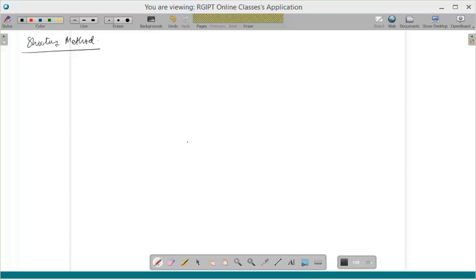Now in the shooting method, what we try to do is capitalize on, or exploit, our highly accurate methods to solve initial value problems.